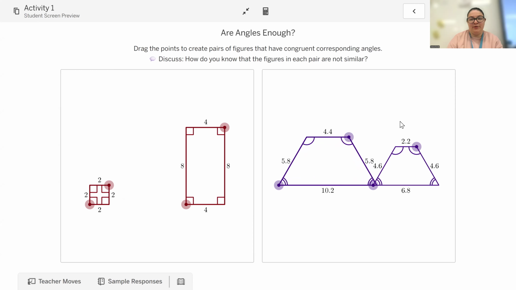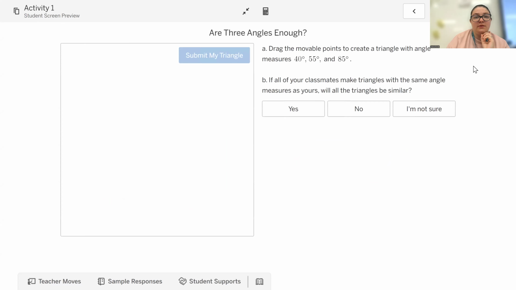Okay, so I got 4.4 up top, so that would be times 1/2 to get the smaller trapezoid, but it would not be times 1/2 to get the other side lengths. So knowing the angles are the same is not enough information in these two examples. However, the angles being the same is enough information when we talk about triangles.